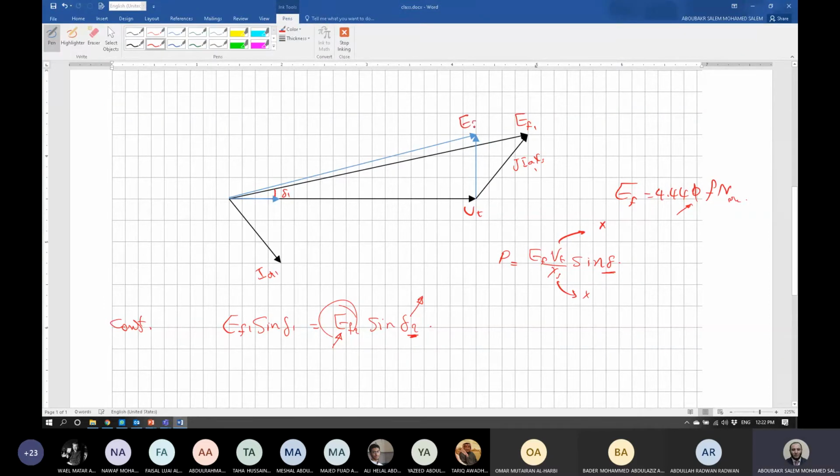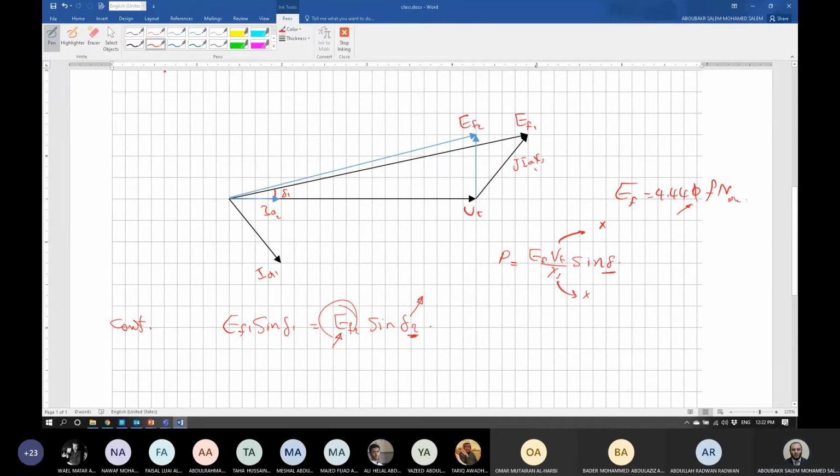This is EF2 due to IA2. The length of constant power, which depends on EF sine delta for any of these vector diagrams, will be this vertical segment.